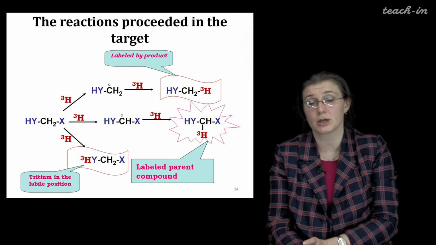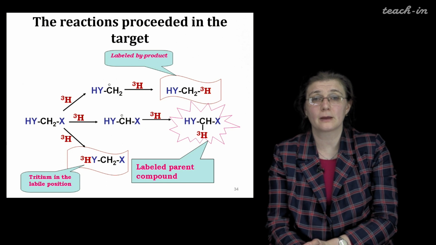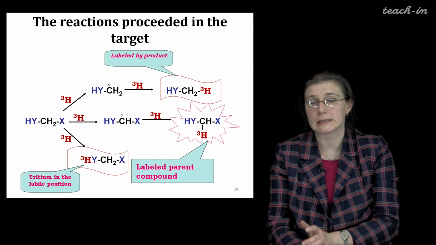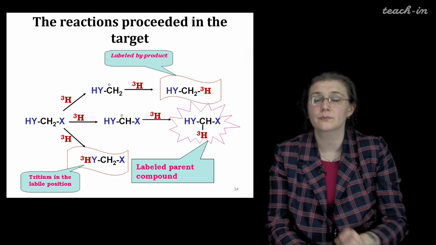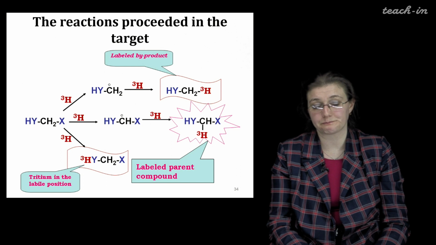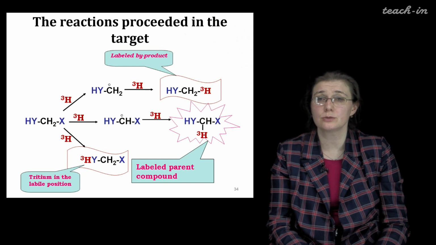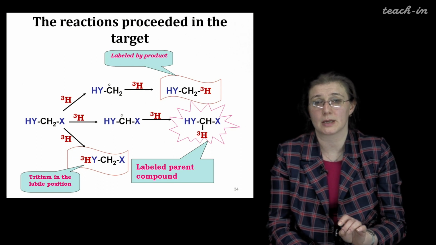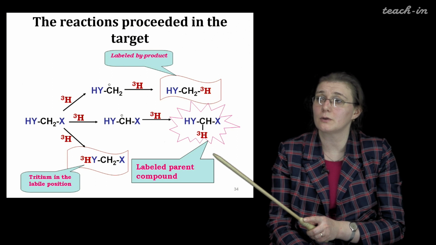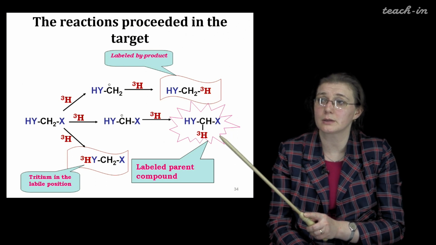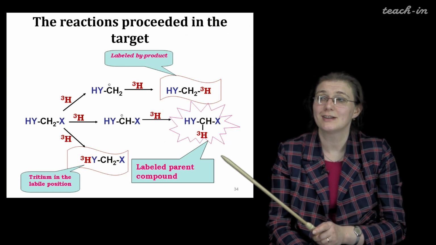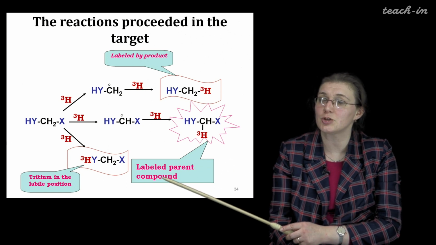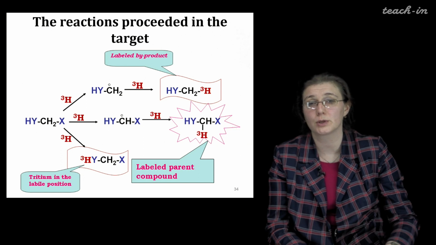The reaction is usually carried out for just several seconds, usually between 10 and 20 seconds, and then we should apply all possible analytical methods for analysis of the labeled mixture to purify it from tritium in the labile position and labeled byproducts.